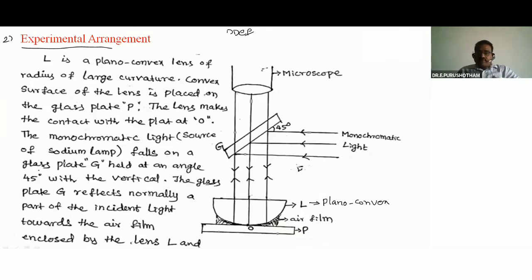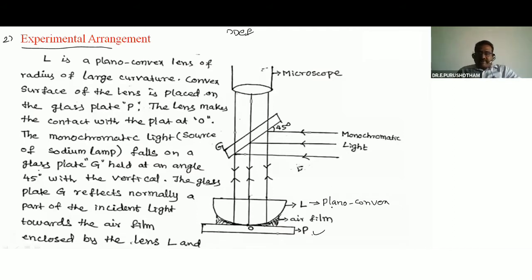This plano-convex lens, this curve is placed on the glass plate P. The contact between this curvature and the glass plate is O.